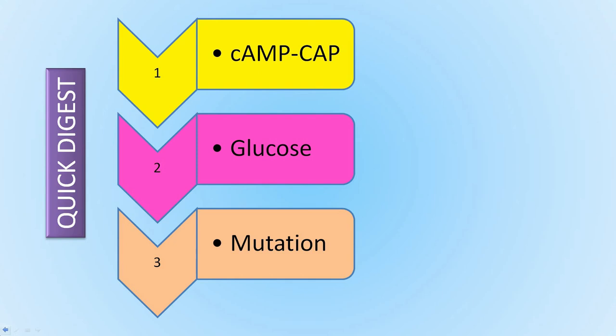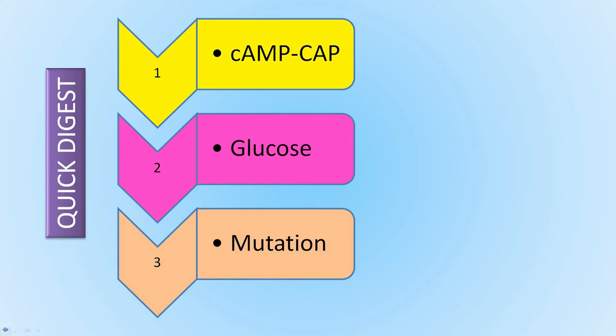And number 3, we have also learned about different kinds of mutation and their consequences in the activation of the Lac Operon. We have learned about the uninducible operon or mutation. In uninducible mutation, the bacteria cannot turn on the operon even if the conditions are fulfilled.